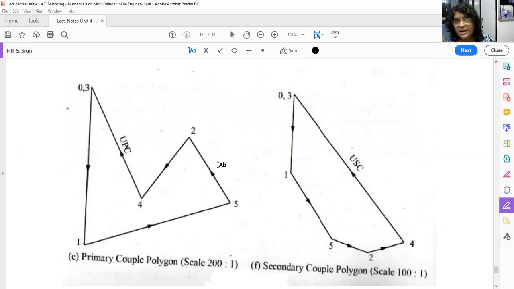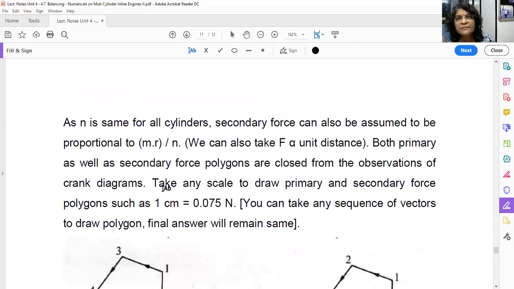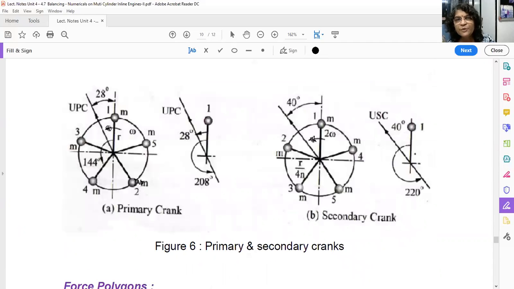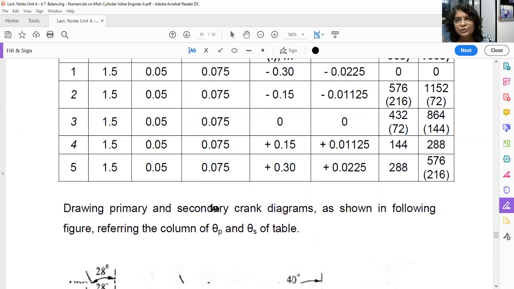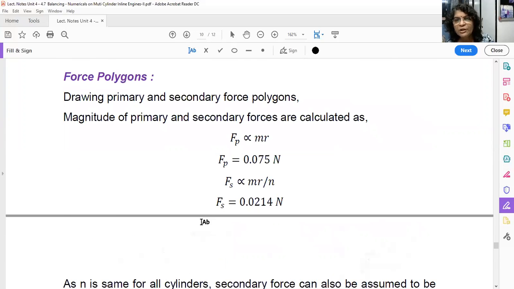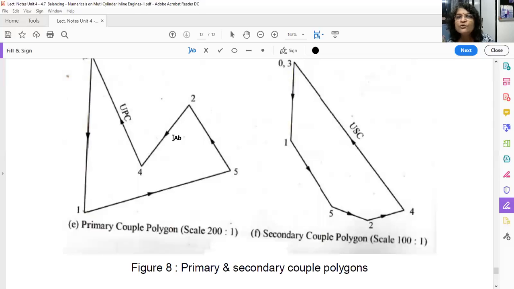Okay. Plane number 2 is negative. So what's the positive direction? See here. 2 is here. This is the positive direction. So negative is upward like this. And the magnitude is 0.01125. Okay. So we have drawn this vector from 5 to 2. Then draw 2 to 4. It is positive. Your 4 direction is like this. Okay. So you have drawn in the same direction because it's a positive couple.